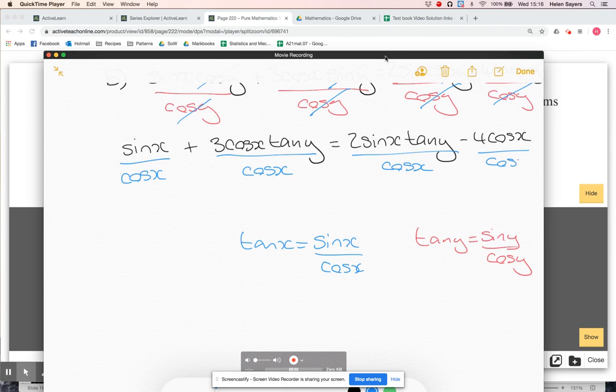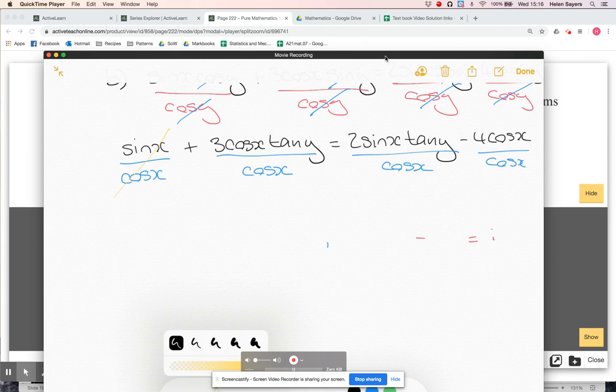Let's see what happens. So sine x over cos x is tan x. That's what I'm aiming for. Then I've got cos x over cos x, so that's cancelling. So I'll just be left with 3 tan y.